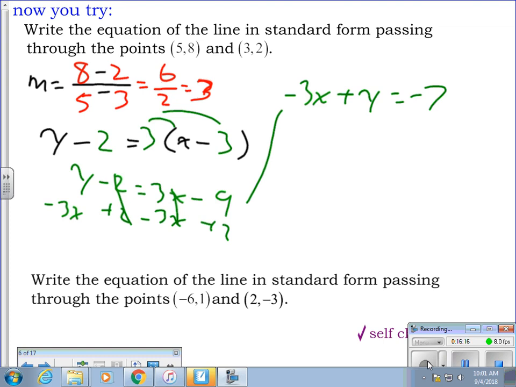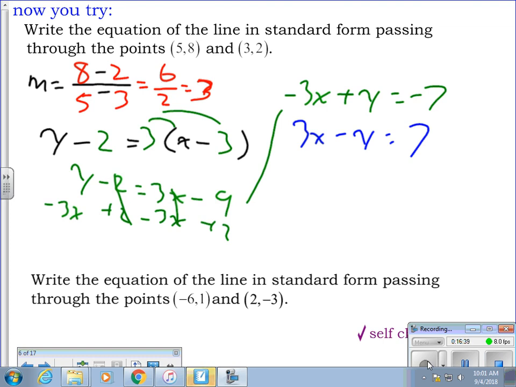I think it depends upon the author. It is one of the few things that if it's standard form, it ought to be standard for everybody. If you were to get rid of the negative by multiplying everything by negative 1 and give me 3x minus y equals positive 7, that would be okay as well. I would take either one of those two answers.